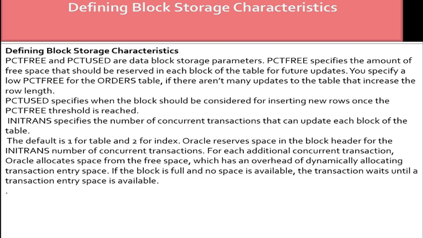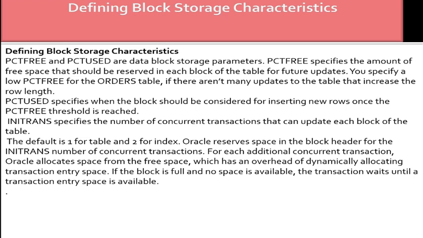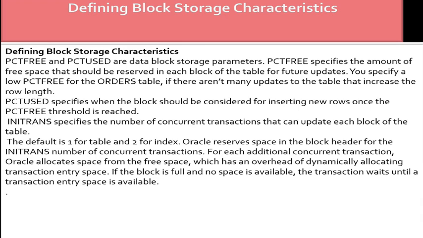You specify a low PCTFREE for the orders table if there aren't many updates to the table that increase the row length. PCTUSED specifies when the block should be considered for inserting new rows, when the PCTFREE threshold is reached.